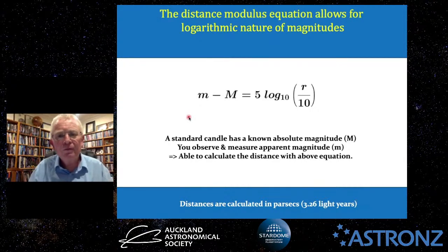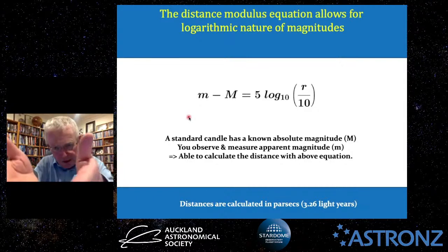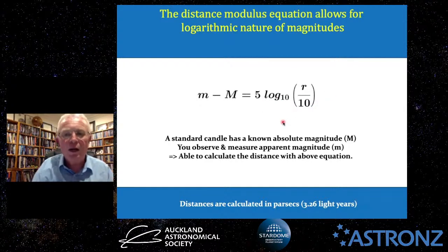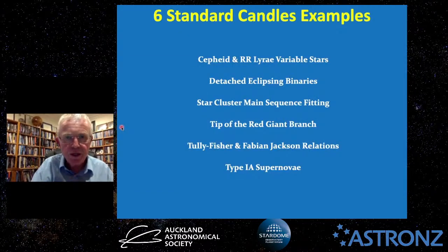Capital M usually refers to its absolute magnitude. And then you put the R in there for your distance. You know this from your telescope, you know this from your theory, your standard candle, and from there you put those into the equation, and it's very easy to work out what R or D, the distance, is. Distances are calculated in parsecs for this equation as well, just like with parallax. See, parsecs are quite handy.